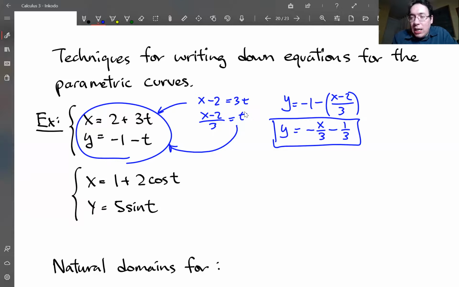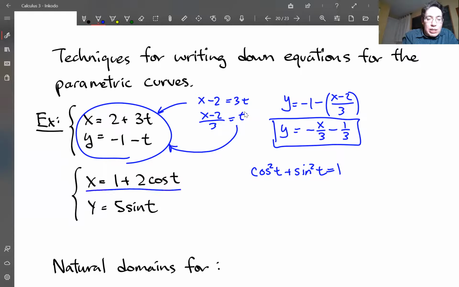Another technique that's useful is to use this cosine squared plus sine squared is equal to 1. So you can use this to sometimes reduce the parametric equation into an equation without the t in it. So for example, if I look at these equations, I see that one of them has cosine in it and the other one has sine in it.